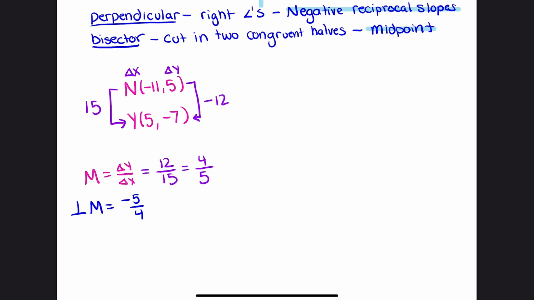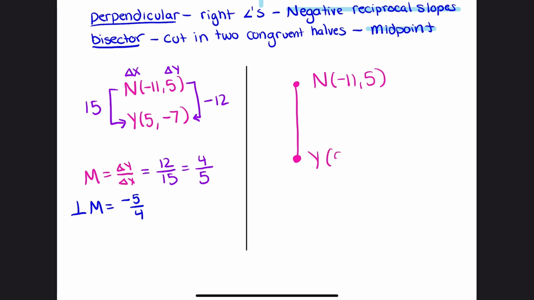Okay, now I need my midpoint. So I'm going to go ahead and draw a line here, and I'm going to use those points N and Y again. I'm going to create a little bit of a visual for you. So I have this line segment. I'm just drawing the same thing, just vertically, right? And if N is -11/5, and Y is 5, -7, doesn't it make sense that my midpoint would be exactly in the middle of this line?